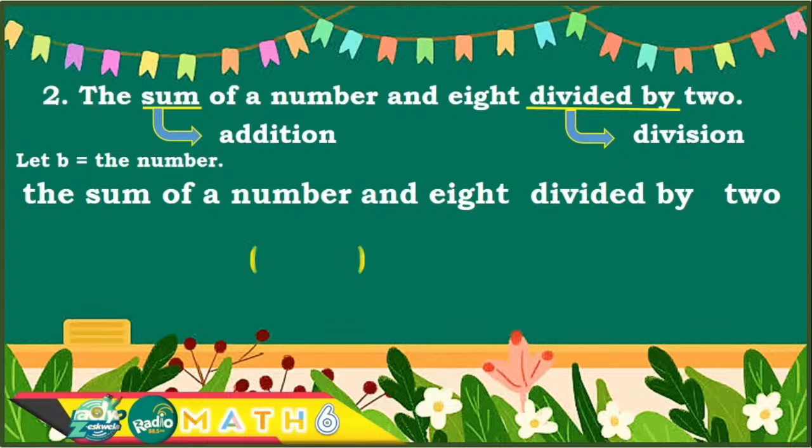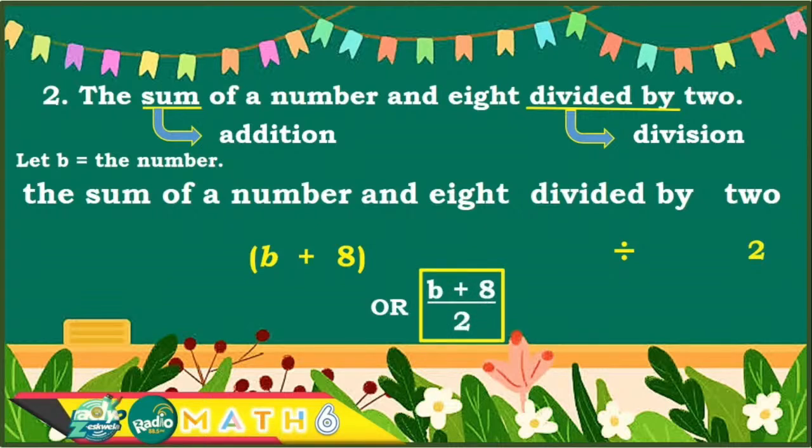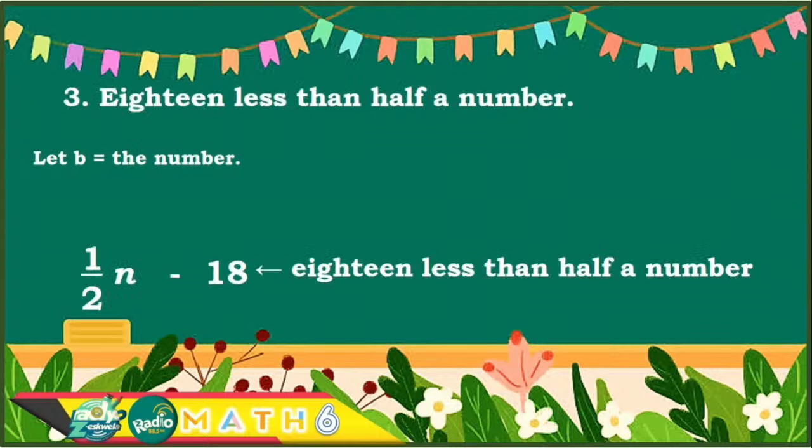Thus, it can be translated as the algebraic expression (B + 8) divided by 2, or B plus 8 all over 2, where B plus 8 means the sum of a number and 8, the division sign stands for the words divided by, and the number 2. We will continue to item number 3.